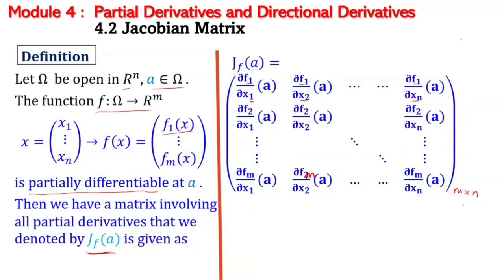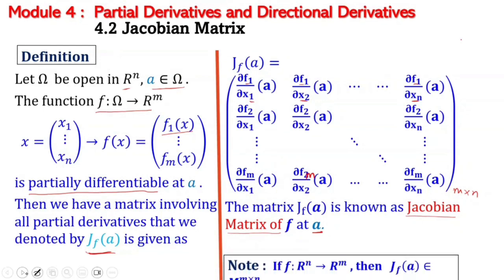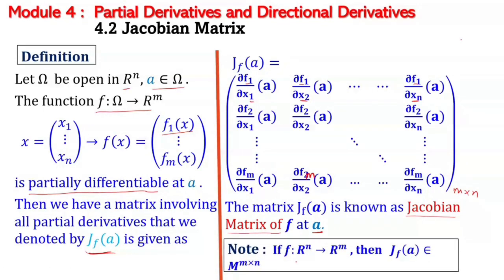So you are getting an m by n matrix, and this matrix is known as the Jacobian matrix of f at the point A. So now we have a note here that if f is from Rn to Rm, then the Jacobian matrix will be in the class of m by n matrices.